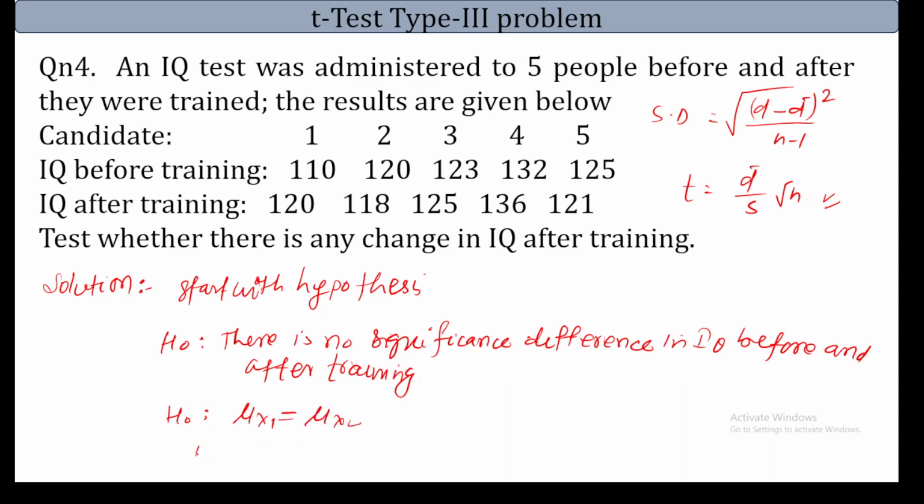Then the alternative hypothesis will be mu1 not equal to mu2, because we are not sure, that's why we went to the two-tail test. Is it correct till here?